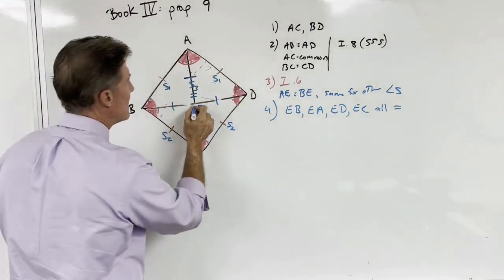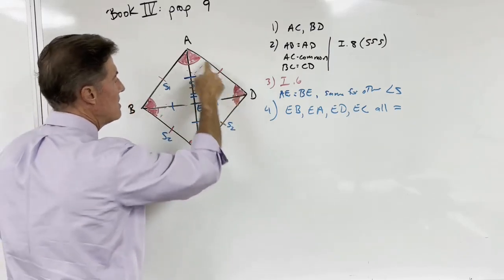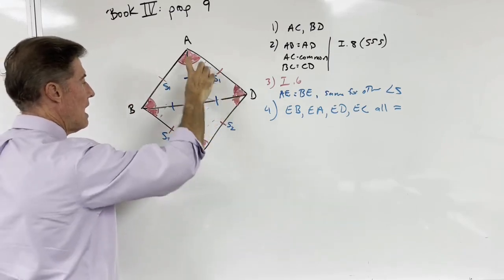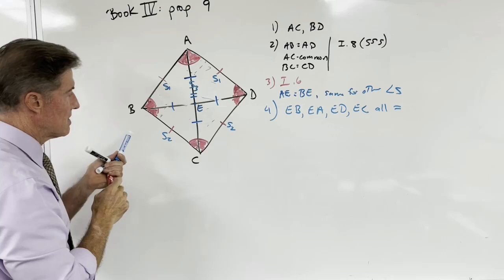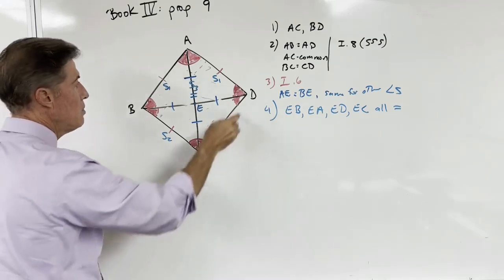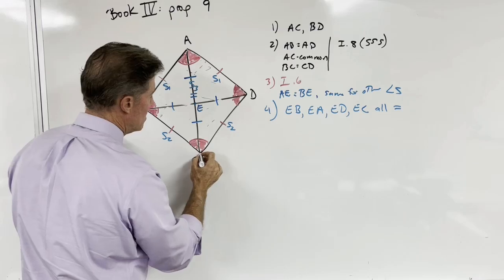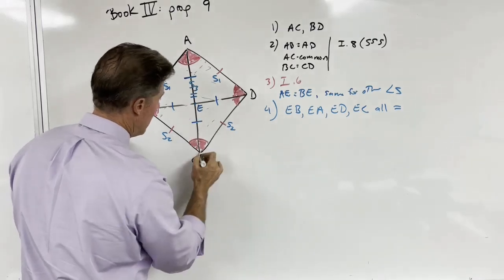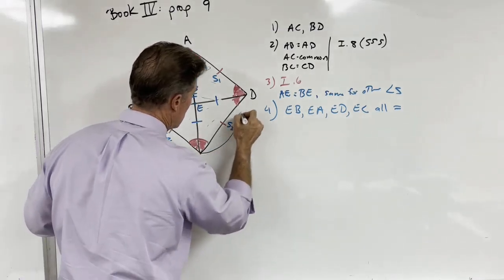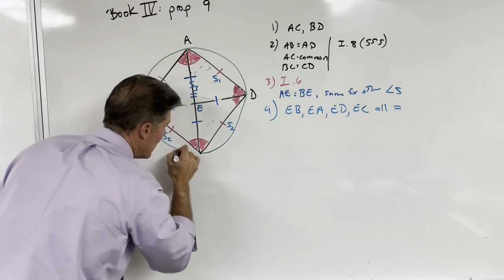Which means if we picked point E as our center, and any one of these four lines as our radius, then the circle described would pass through each of those points. So let's pick EC to be our radius, and let's describe a circle. Well, it's going to go through each of these points because they're all exactly the same length.